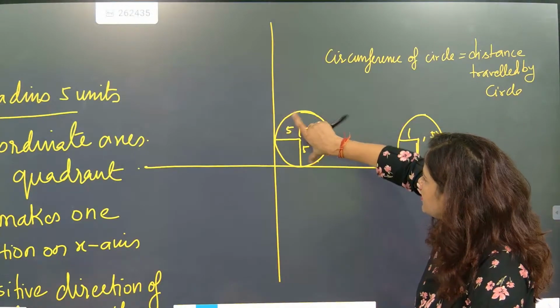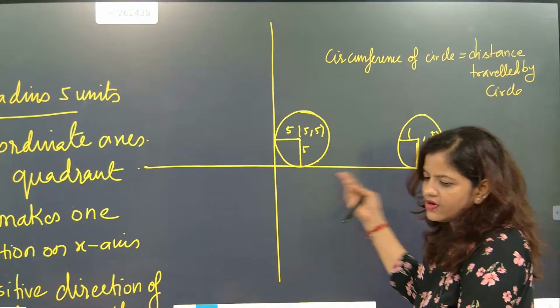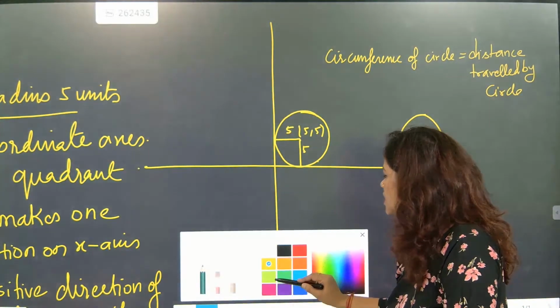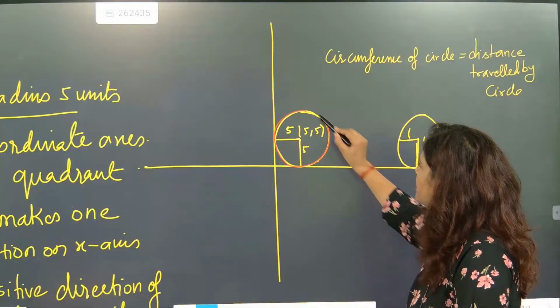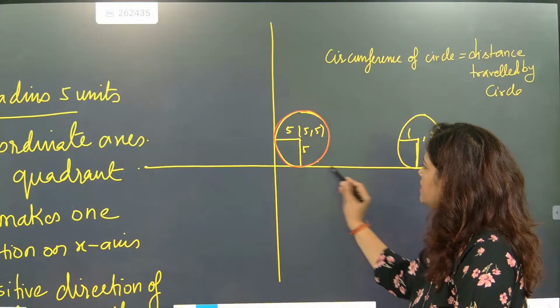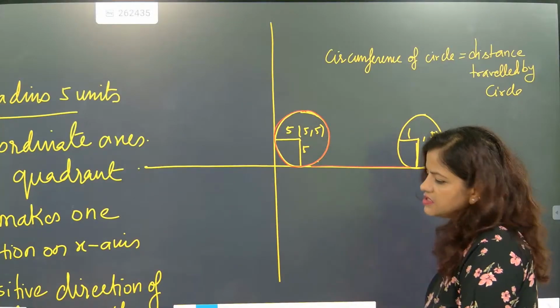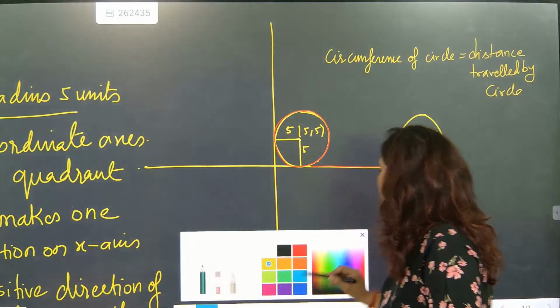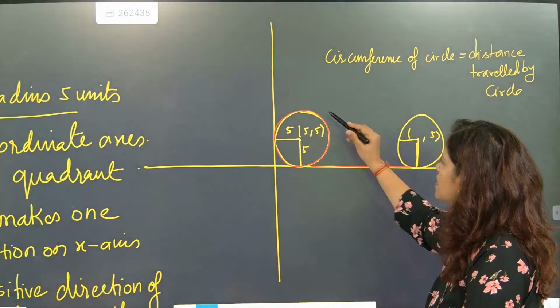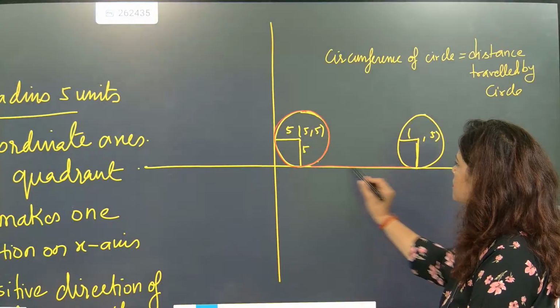Because if it takes one complete rotation, where will it take rotation? If you are going to color this section, and it is exactly rotating, then which part will get colored? This surface will get colored. So that you must remember. Okay, so that means the circumference will become equal to this distance.